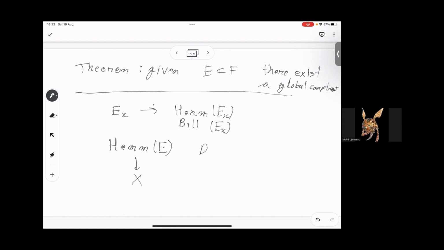So, definition: a metric is a section from X to Herm E. So for every point, we are choosing a Hermitian form in the case of complex numbers and just a symmetric bilinear form in the case of real numbers, right?